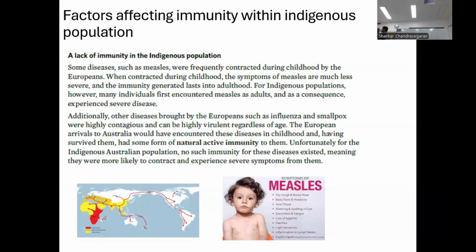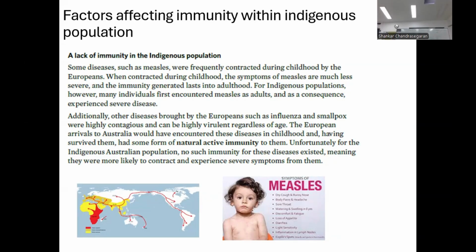So the first thing is the lack of immunity in the indigenous population. If you were never exposed to a disease, you can never develop immunity to it. So obviously, a population coming from Europe has experienced very different selection pressures and very different kinds of pathogens, and they have developed immunity to very different things. They come in, they bring the pathogens that they had, and they're going to infect all the people in Australia.